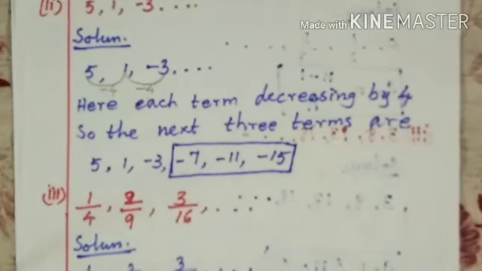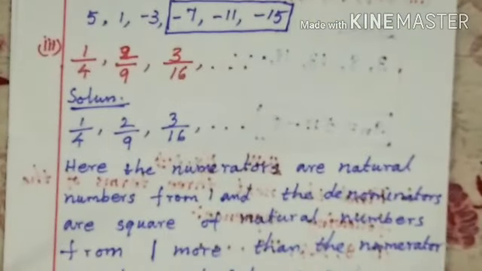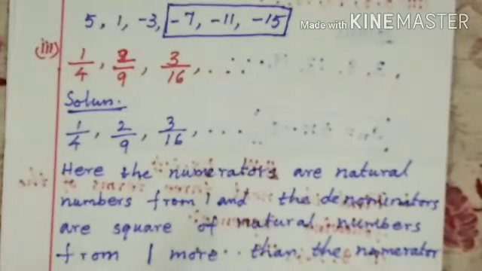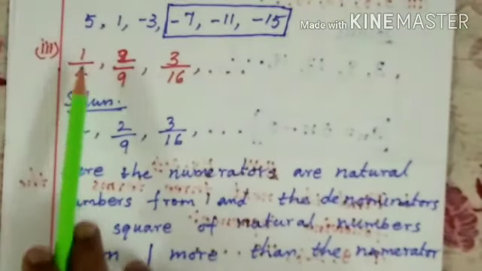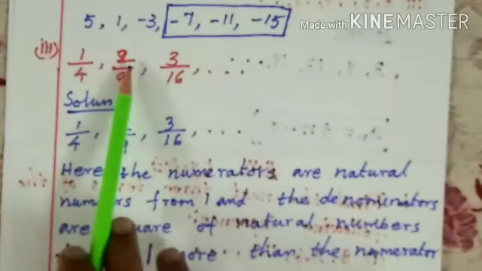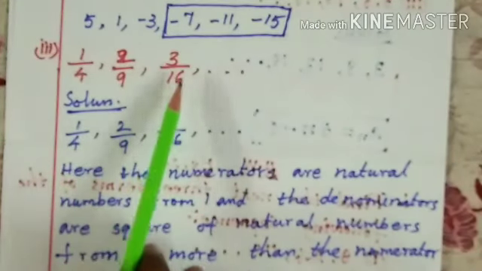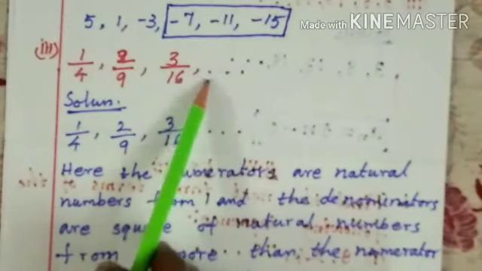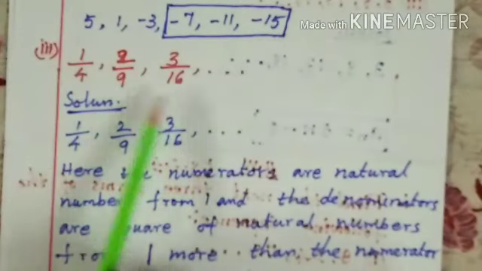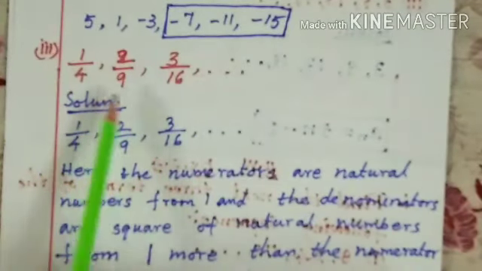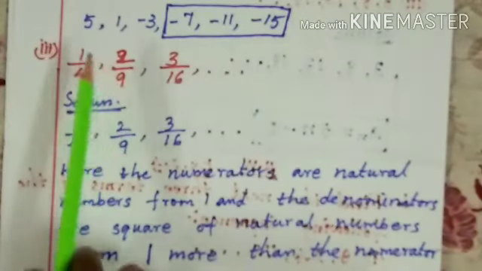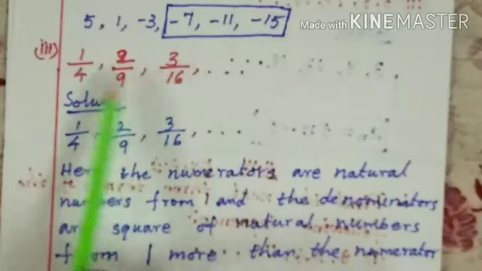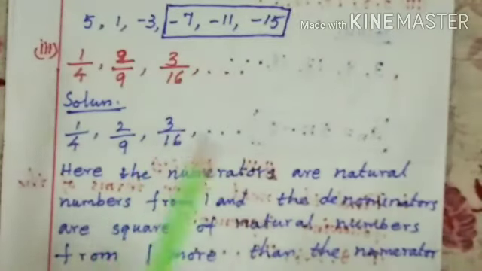Now, we move on to the next subdivision, that is 1 by 4, 2 by 9, 3 by 16 and so on. Here the sequence is in fractions. So, you have to observe the numerator and denominator.